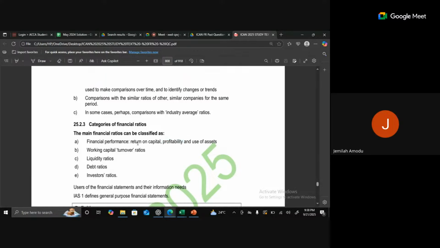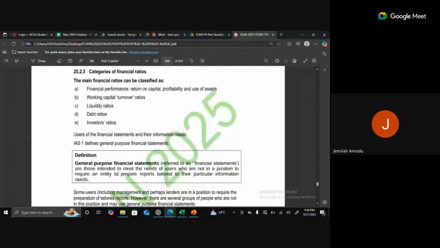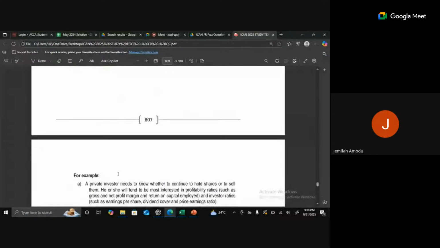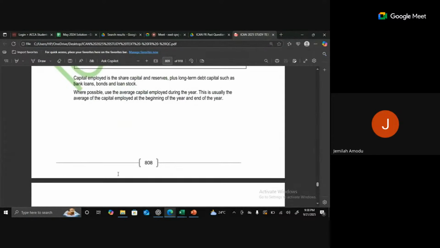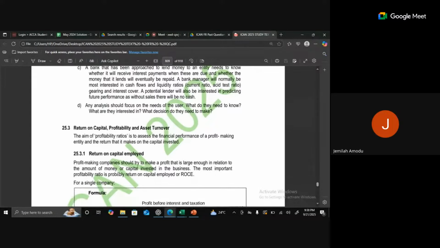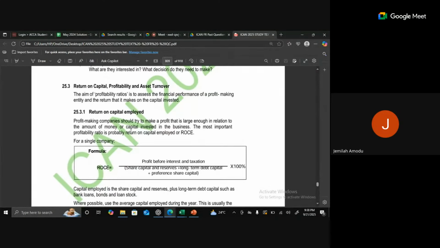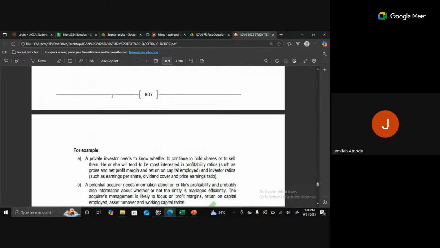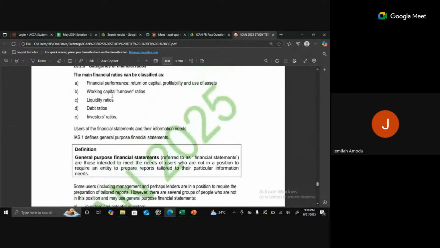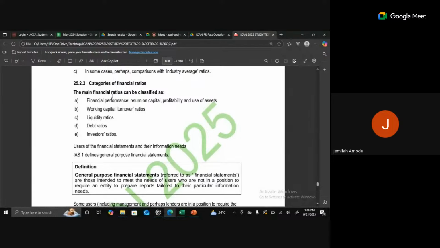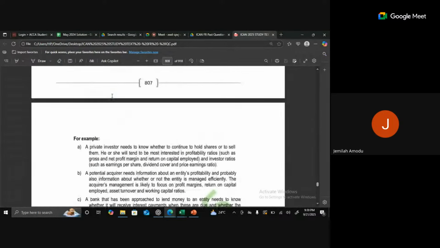So those are the three major sub topics or subheadings under this financial ratio. And I think that's what they are doing here. So let's go on. The very first ratio is your return on capital, right? Profitability and assets ratio. So these three ratios fall under your financial performance ratio.